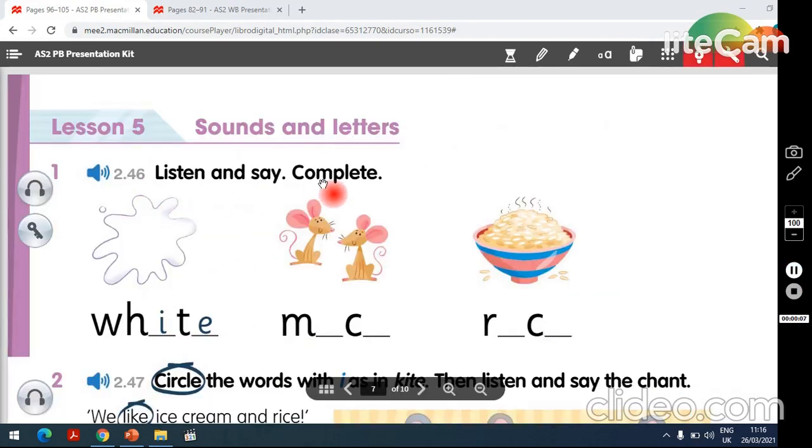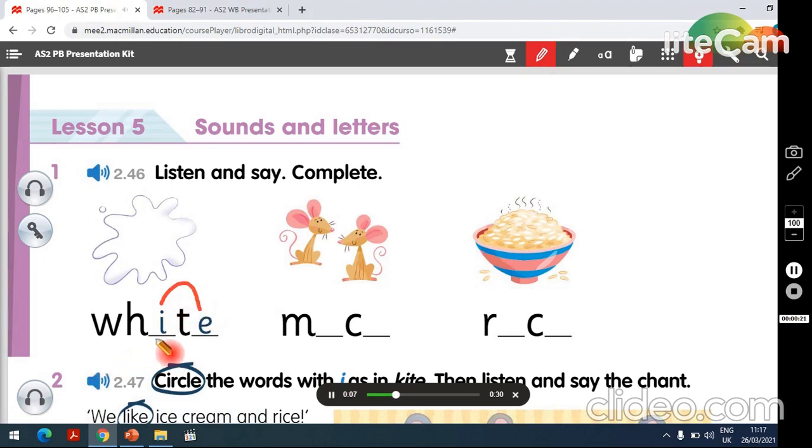Listen and say, then complete. Let's listen to the words. White. I, white. Repeat it for 3 times.